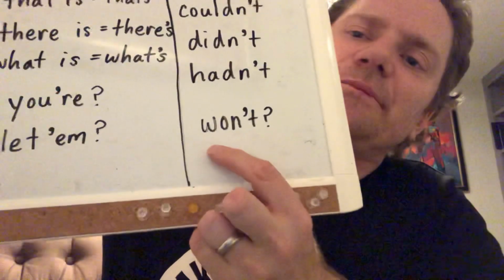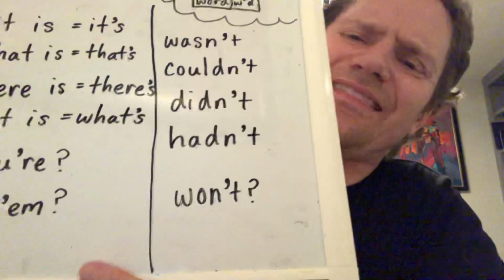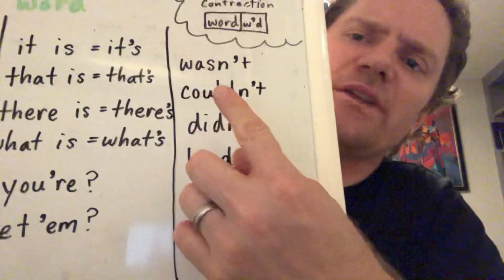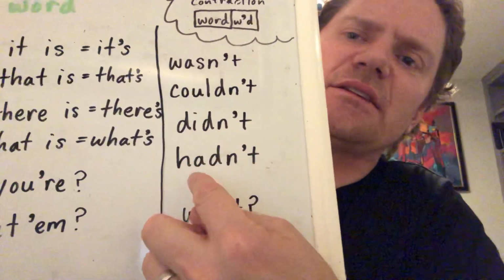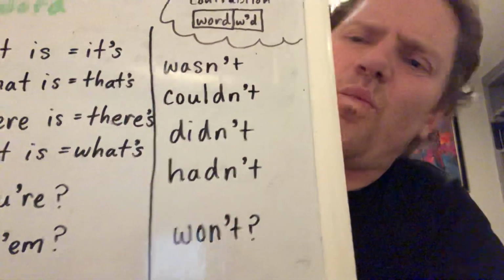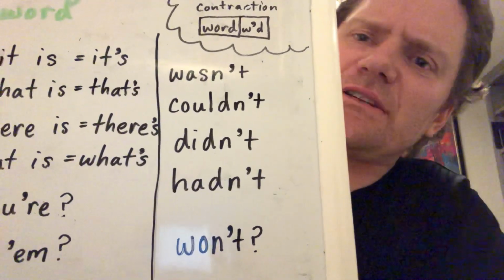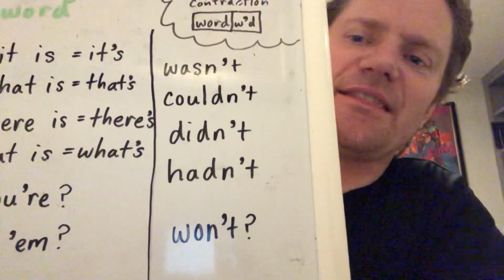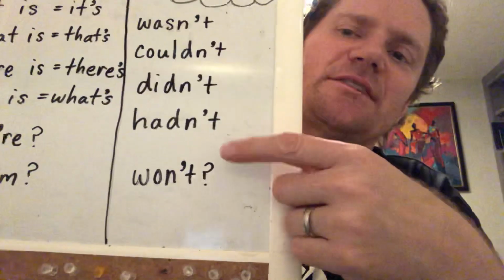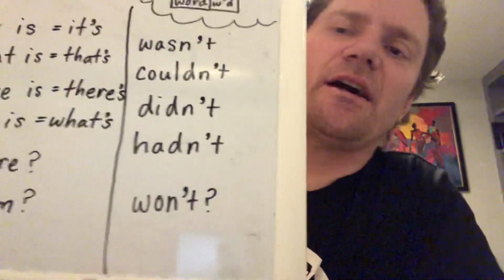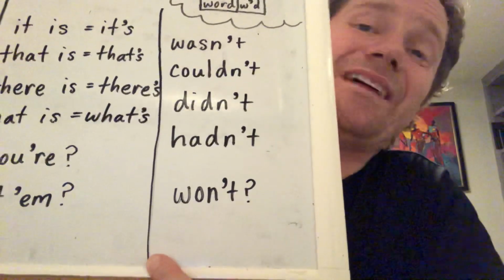So this last one, won't. What do you think that comes from? Let's see. Well, wasn't, couldn't, didn't, hadn't, won't... not? I will not do it? That doesn't sound right. This is one that does not follow the pattern. So this is actually a contraction that comes from will not.